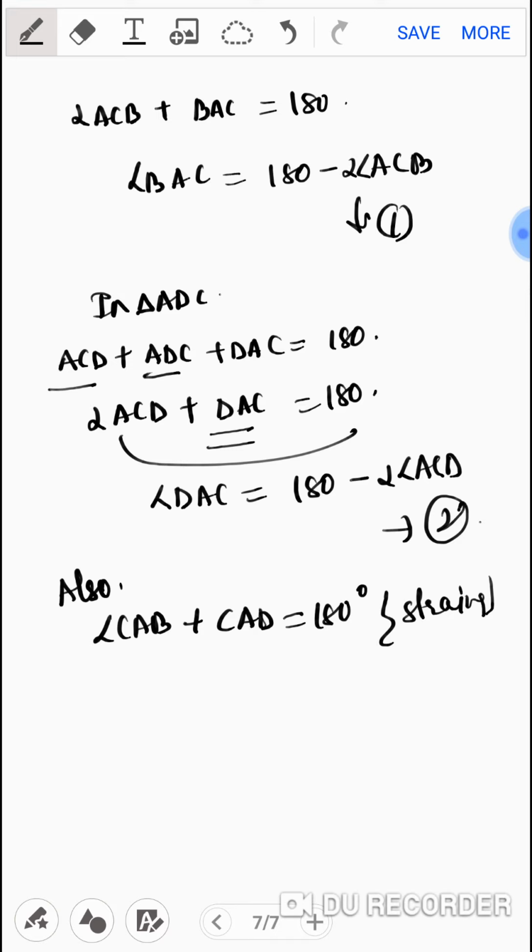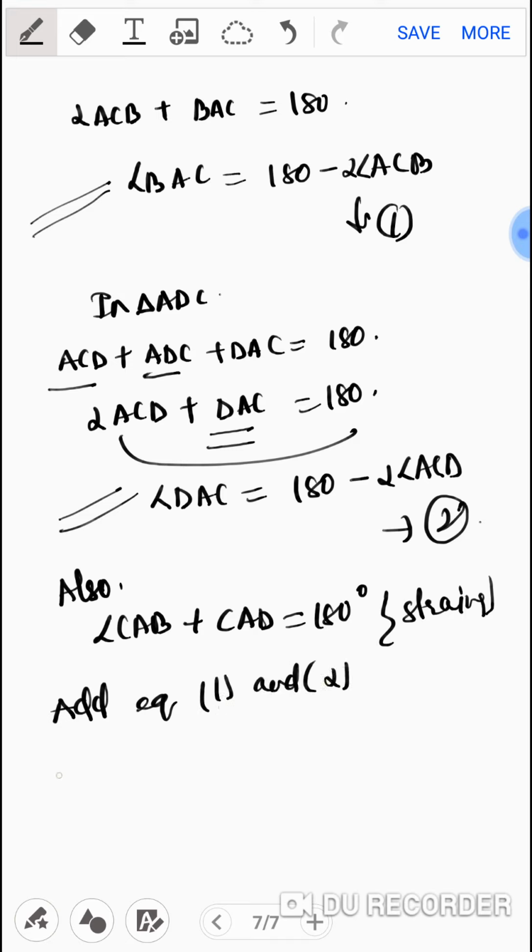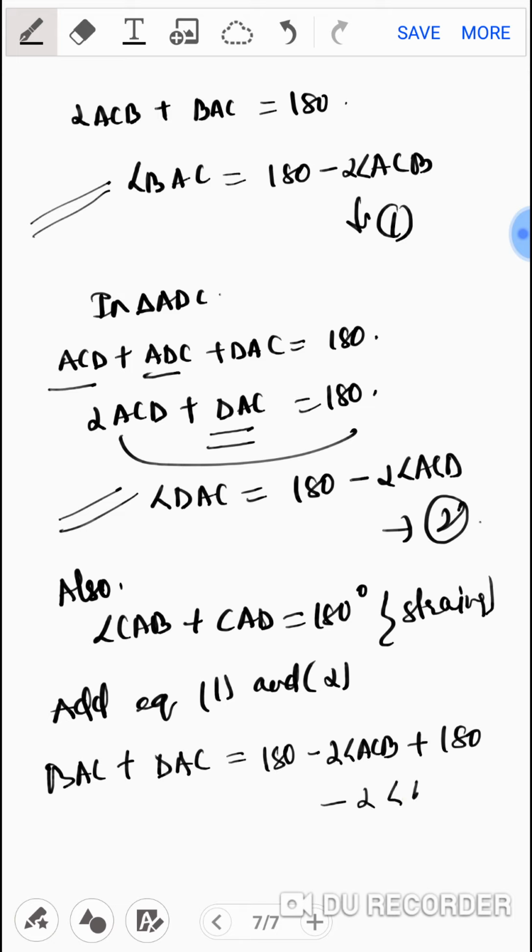Okay. Now the equations which you have made, equation 1 and 2, you can add them. So you will get BAC plus DAC is equal to 180 minus 2 angle ACB plus 180 minus 2 angle ACD.